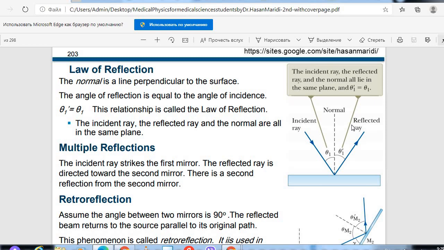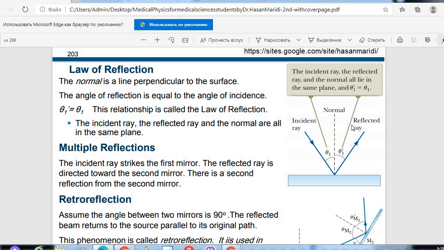Okay, that's why we started again from the basic laws, the rules of simple optics, how it works. How the reflection relationship between the incident ray and reflected ray works, and the angle of reflection is equal to the angle of incidence.